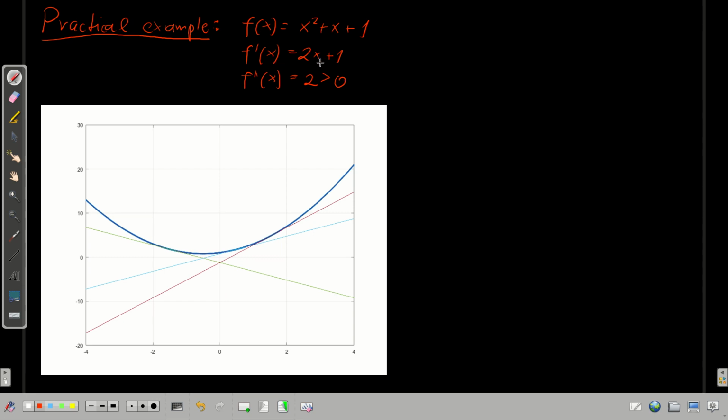This means that f is a convex function on the whole domain. And actually this function is plotted here. So the thick blue graph here illustrates the function f of x.